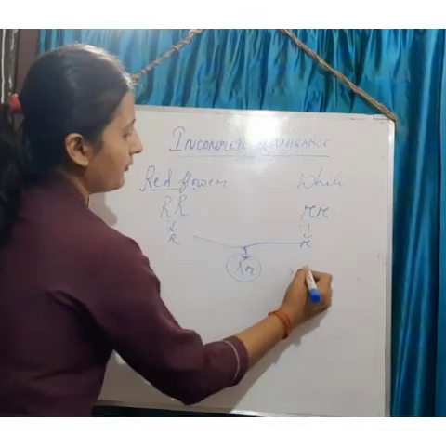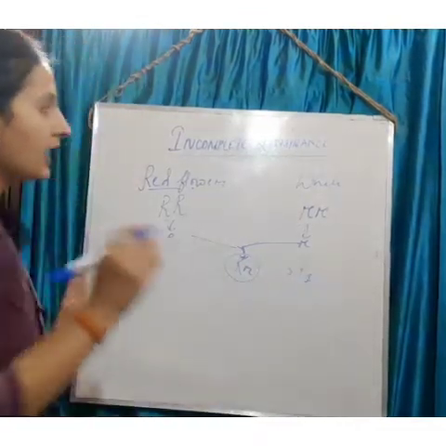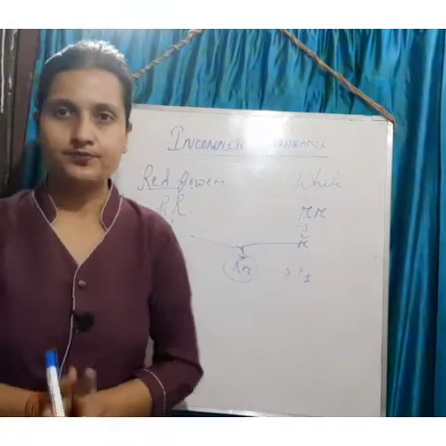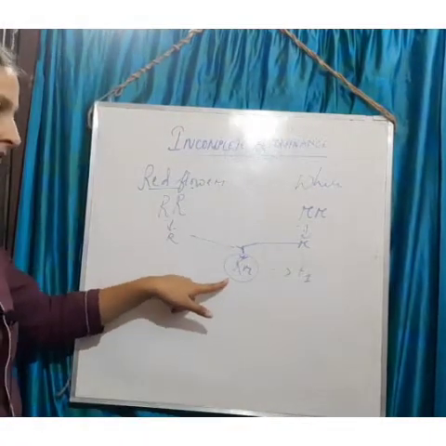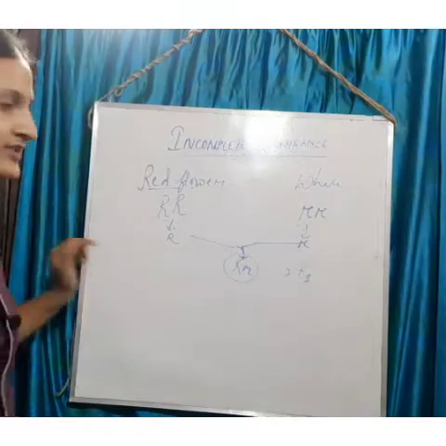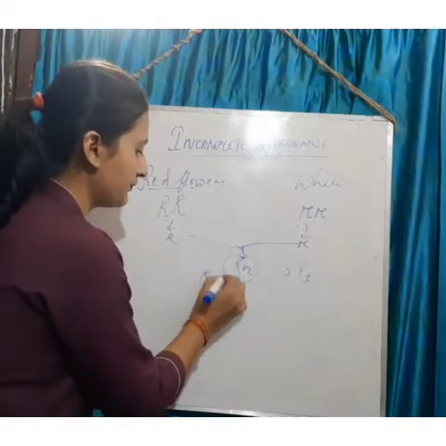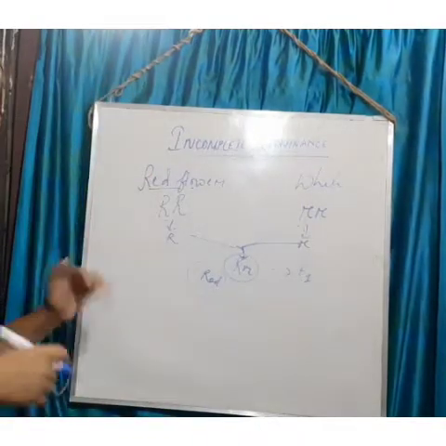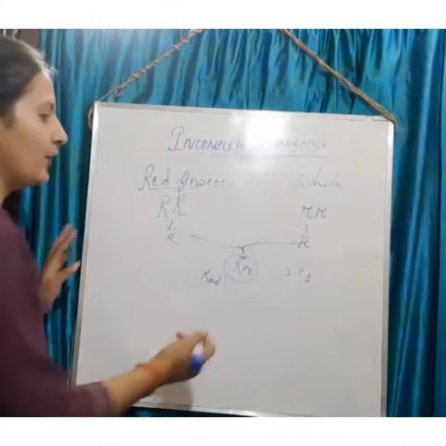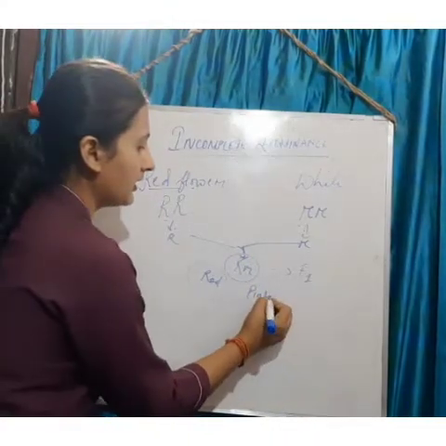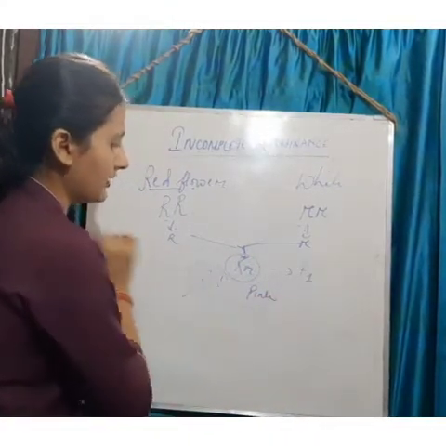Now this is the F1 generation. According to Mendel's law, what should be the color of this? Red, right? But the actual result that came was pink, not red.